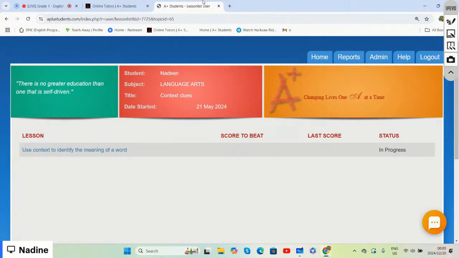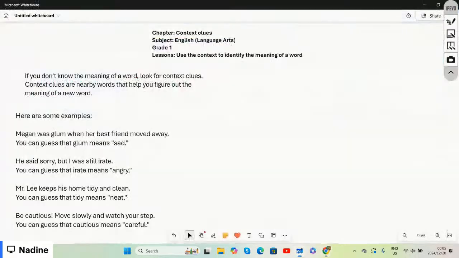All right, so our chapter is context clues.